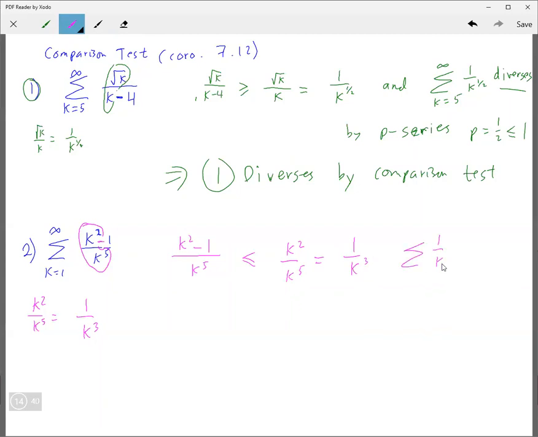And 1 over k to the third converges, again by the P series. P is equal to 3, which is greater than 1. So that means that the second series converges by comparison test.